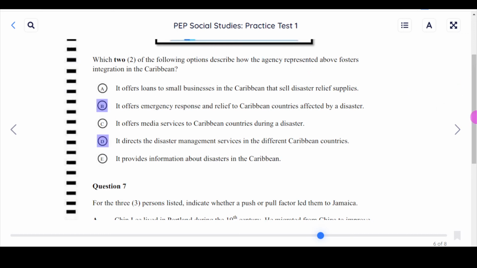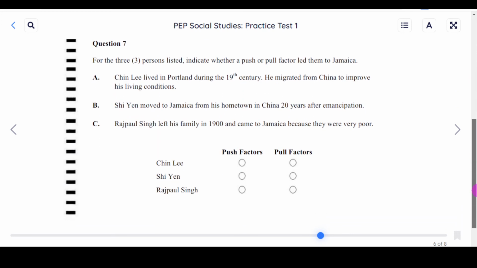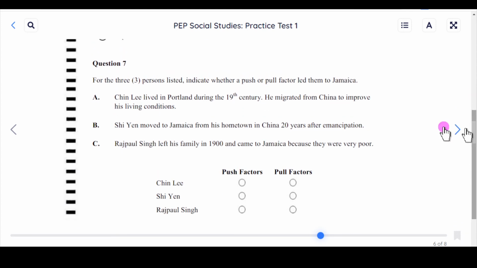All right, let's go to question 7. Question 7, here we go now. For the 3 persons listed, indicate whether a push or pull factor led them to Jamaica. All right. Let's go.